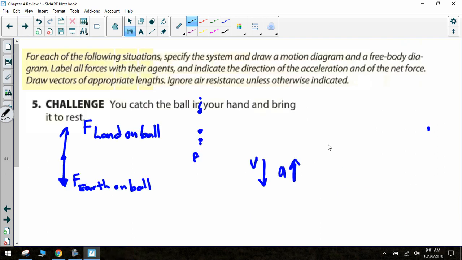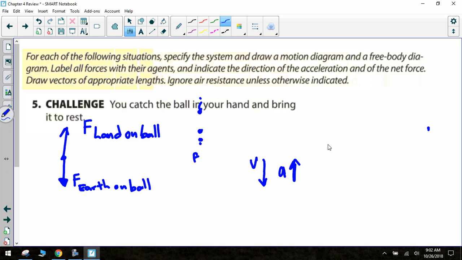All right, so indicate the direction of the acceleration and the net force. So remember that the net force is always in the same direction as the what? Is the net force in the same direction as the velocity or the acceleration? The acceleration.